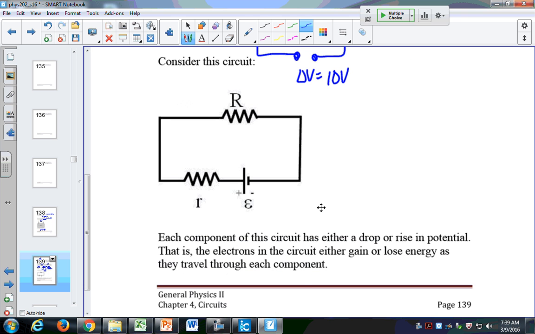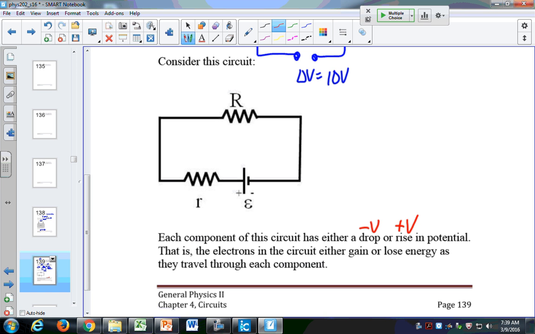Okay, so let's look at this circuit. We've already sort of thought about this, but we want to consider each part of this circuit has either a drop or a rise in potential. So we can list those: drop as a minus V or a rise as a plus V. I either lose energy when I go across a component of a circuit, or I gain energy when I go across a component of a circuit.